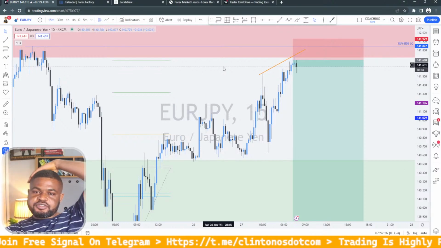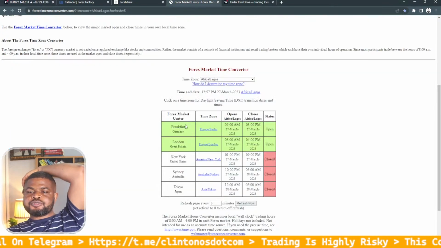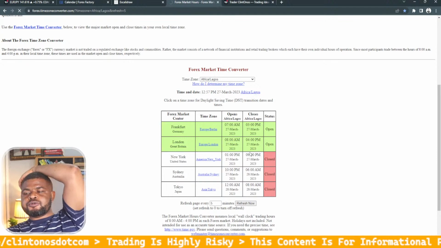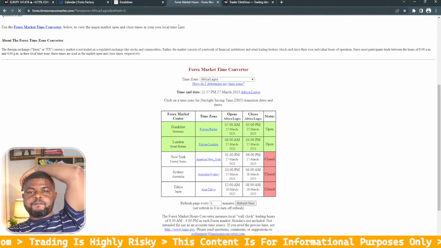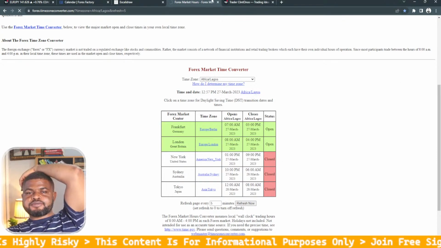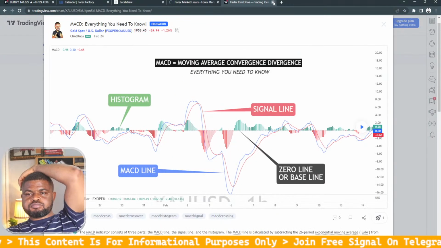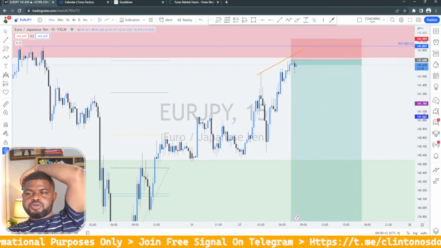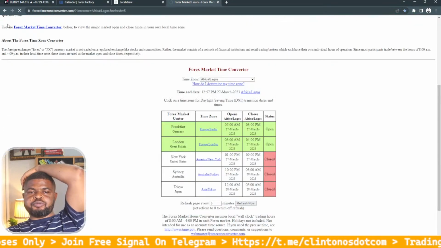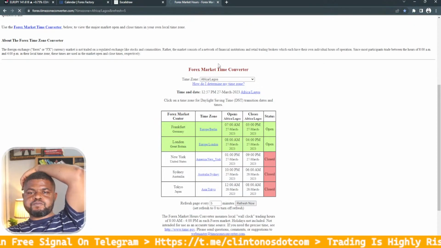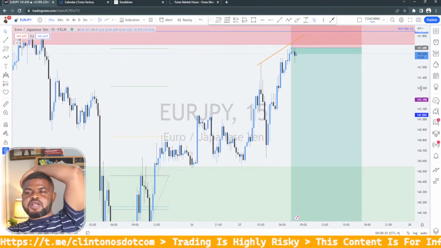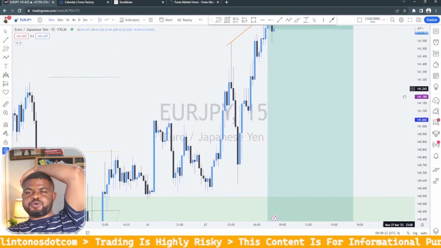Right, so New York session is open. Oh yeah, New York session is open. New York session should be open right now. Let's see the next two candles.